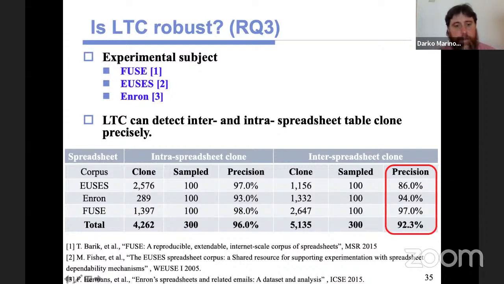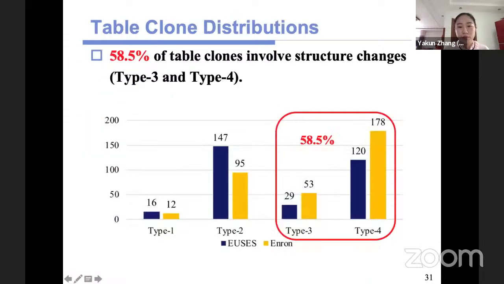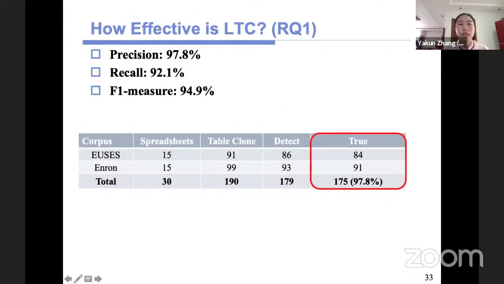I assume the question is about whether precision and recall can evaluate our approach, whether we can detect the real table clones and whether we cannot detect the real table clones. Actually, the judge is from human beings.